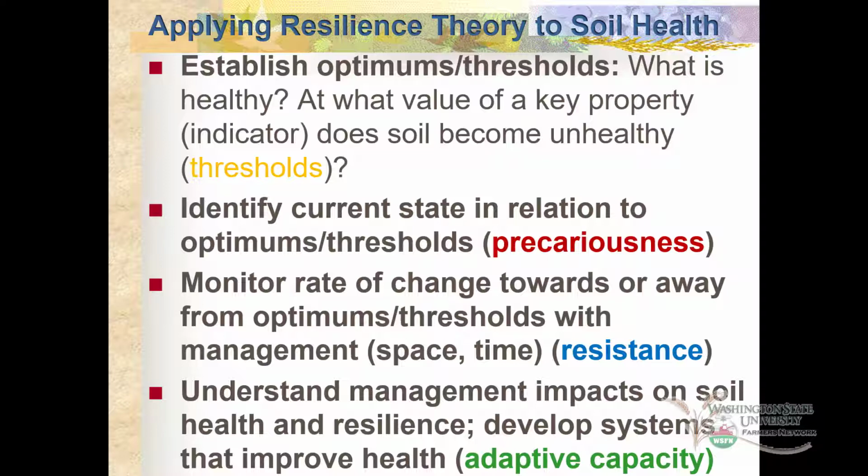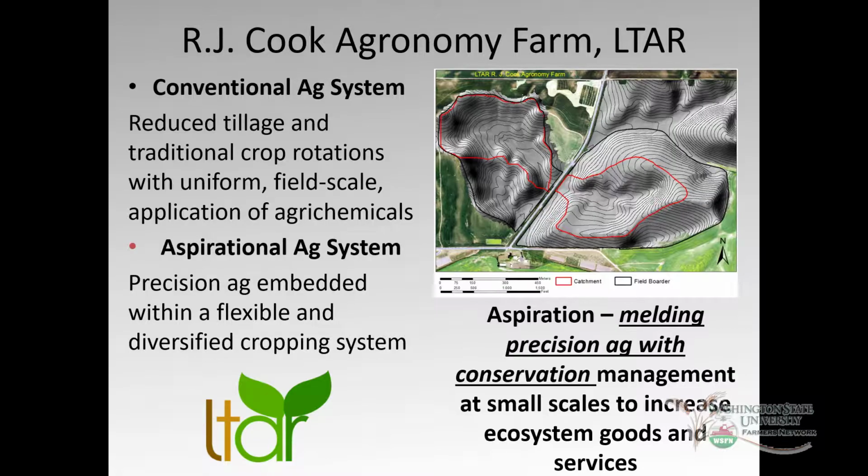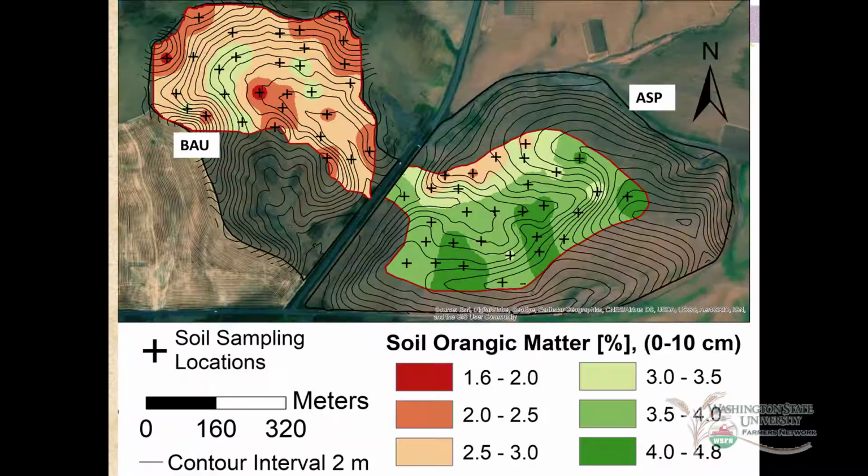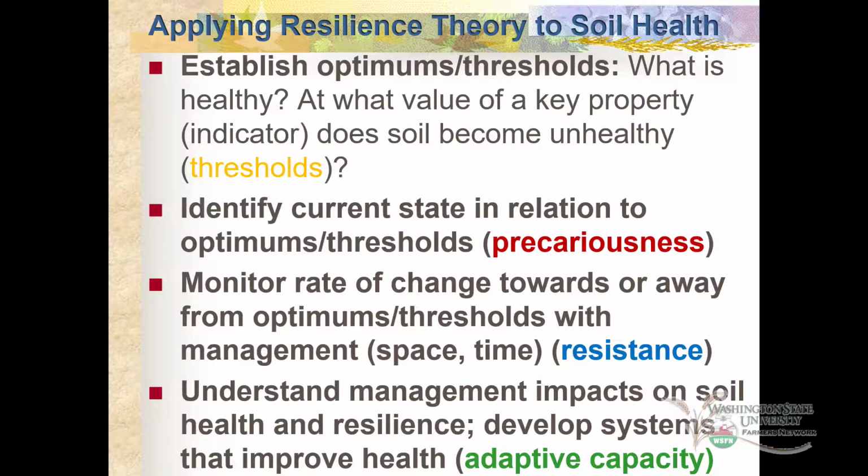And I think they're particularly important for looking at soil health, because we can combine soil health concepts with resilience theory to actually start to define what some of these thresholds are. Well, what is healthy? What's the key property indicator that becomes healthy? What are the thresholds that we're looking for? They can be lower or upper thresholds.